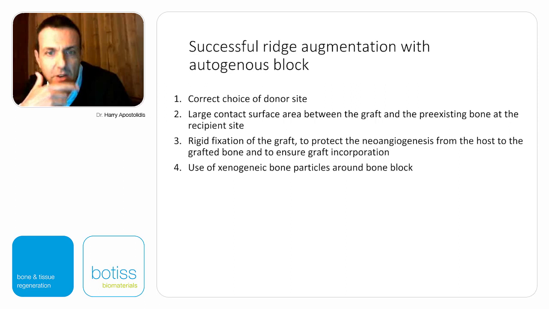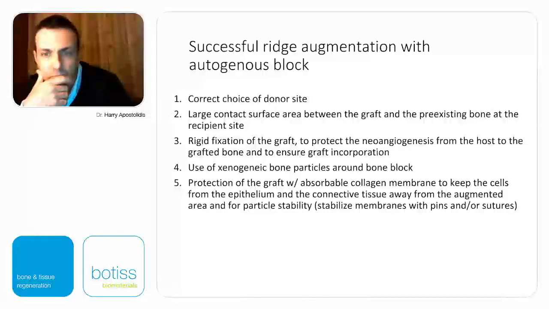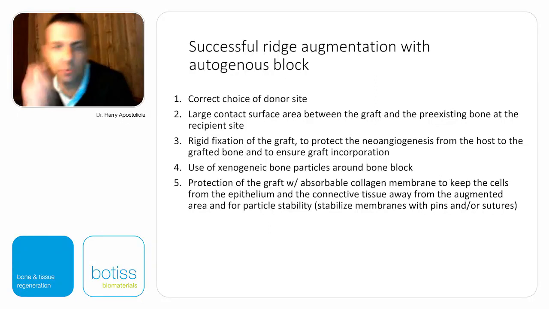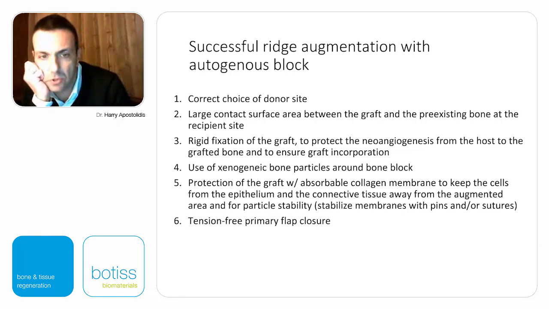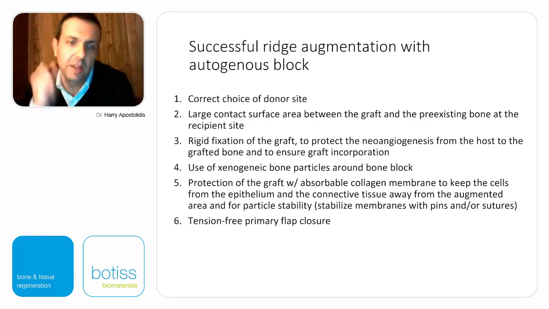Use xenogenic bone particles around the bone block to reduce resorption. Protect the graft, again, as we said, with an absorbable collagen membrane, preferably a long-term membrane, and preferably stabilized with pins and sutures. Very, very important, again, is tension-free primary flap closure.